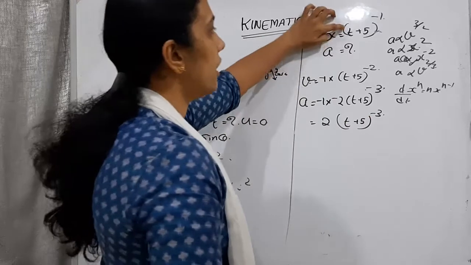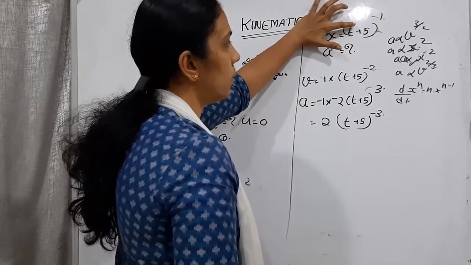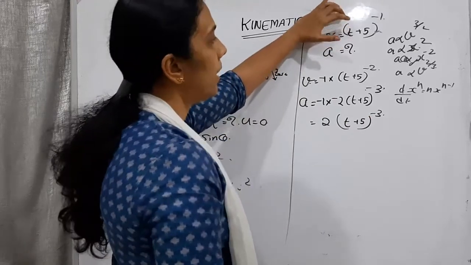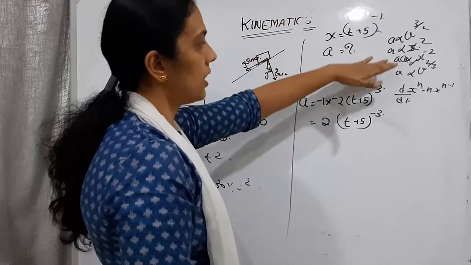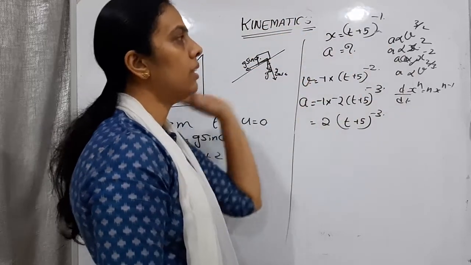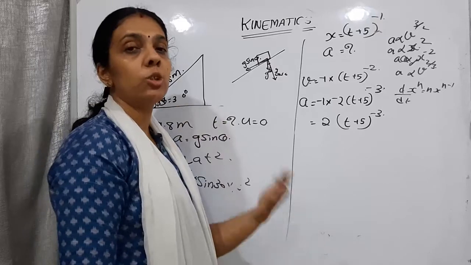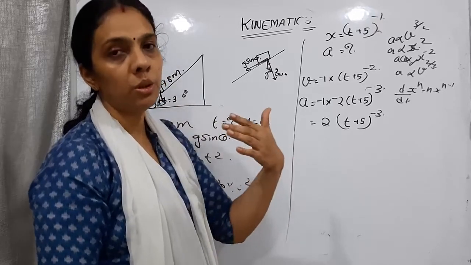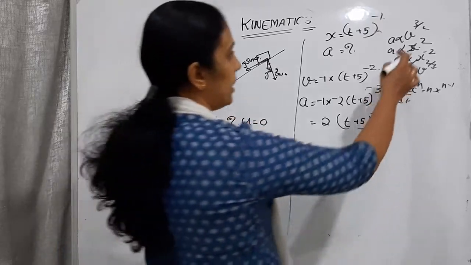Here we already have (t plus 5) to the power minus 1. Can we write this in terms of position or velocity? Is it proportional to velocity or to displacement? That is what we need to find out.